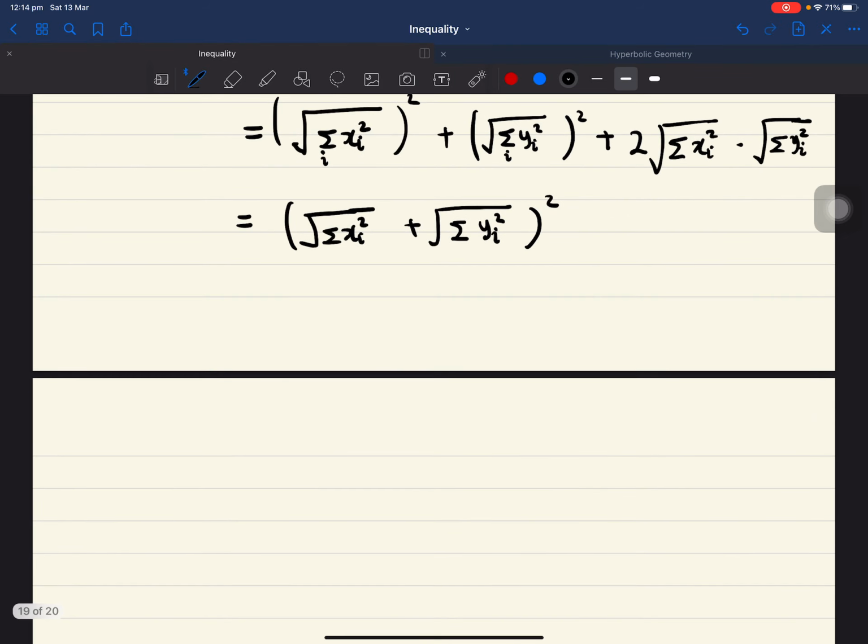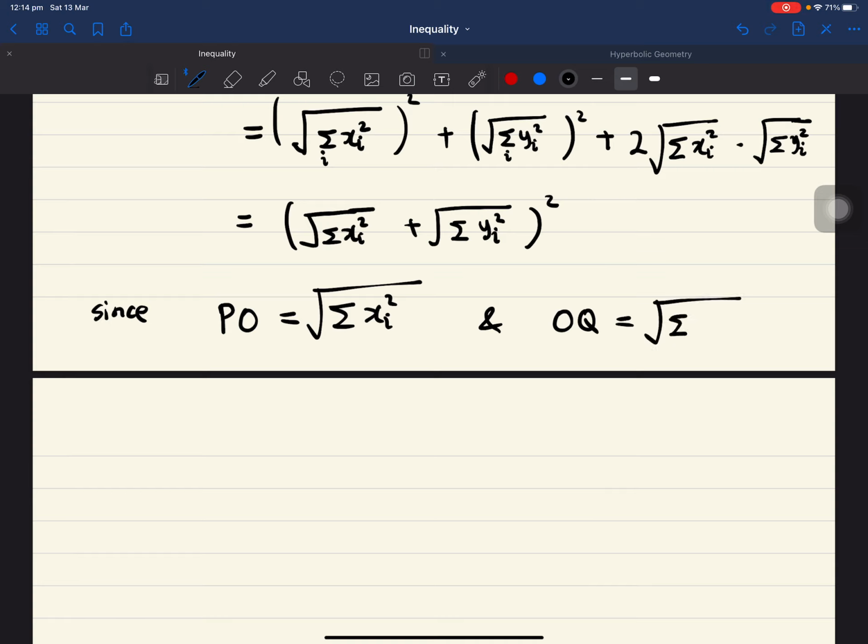And since the distance PO is indeed equal to the square root of the sum of xi squared, that should be PO, and OQ is equal to the square root of the sum of yi squared.